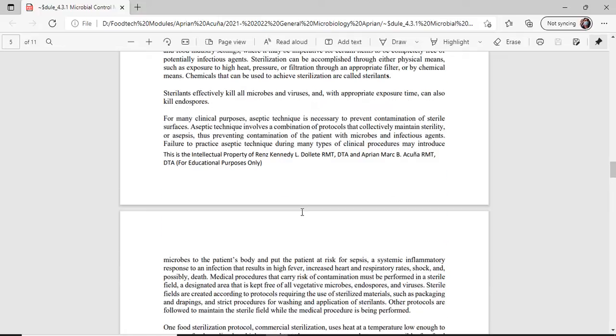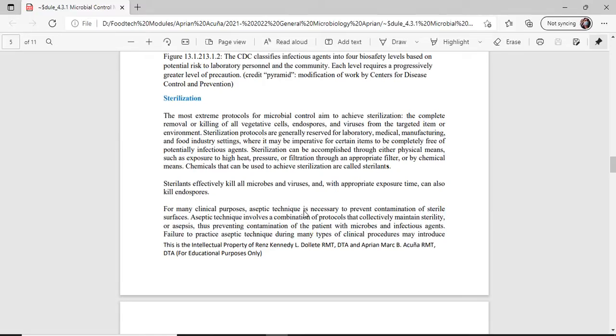Okay, so now sterilization. For sterilization, the most extreme protocol for microbial control aims to achieve sterilization, the complete removal or killing of all vegetative cells, endospores, and also viruses on a target item or in our environment. Sterilization protocols are generally reserved for laboratory, medical, and manufacturing or food industry settings, where it may be imperative for a certain item to be completely free from potential infectious agents.